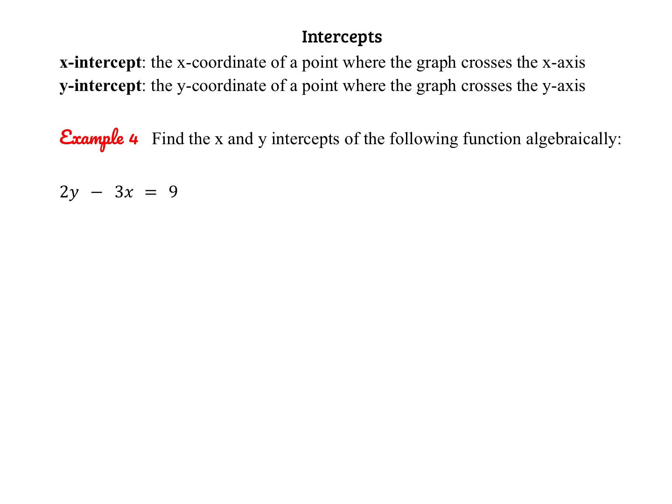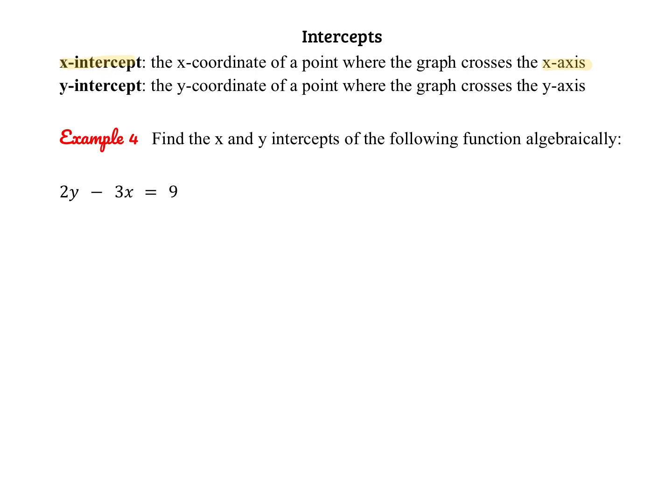Another really important characteristic of functions will be the intercept. So both the x and the y intercepts. The x-intercept is just the x-coordinate where the graph crosses the x-axis. Again, it is possible for functions to have more than one x-intercept. Not linear functions, but other types of functions can.